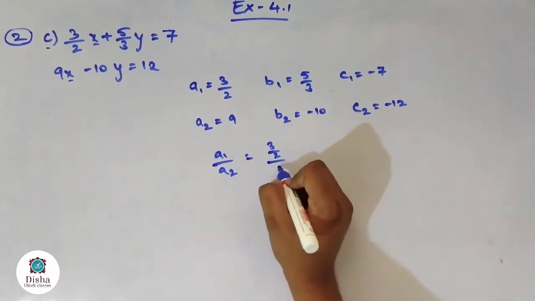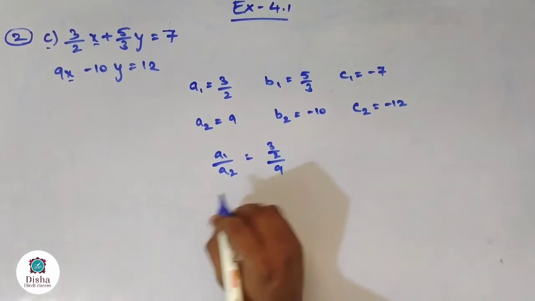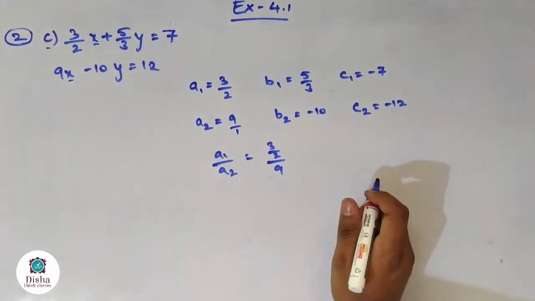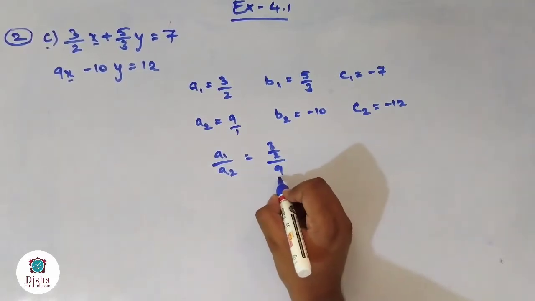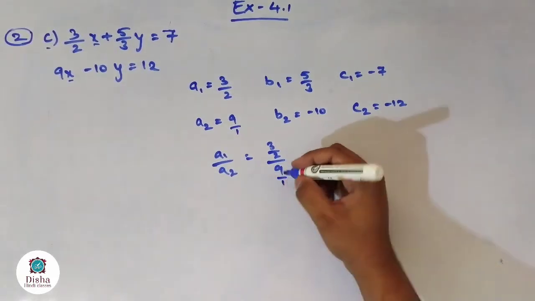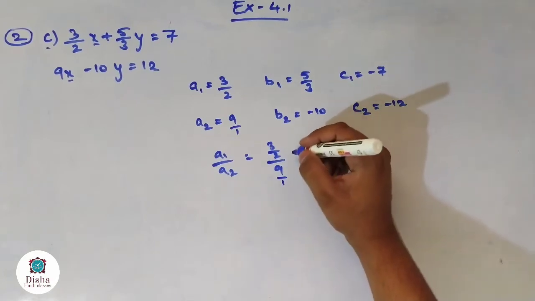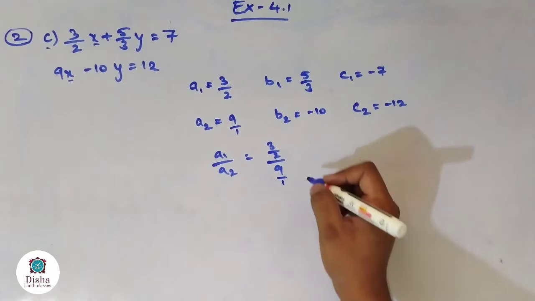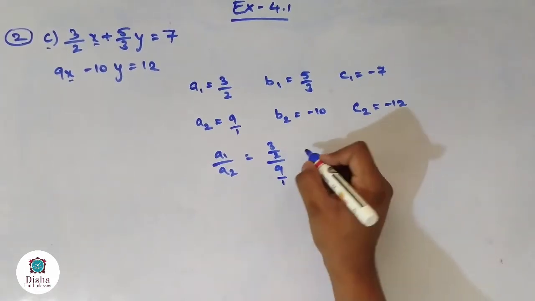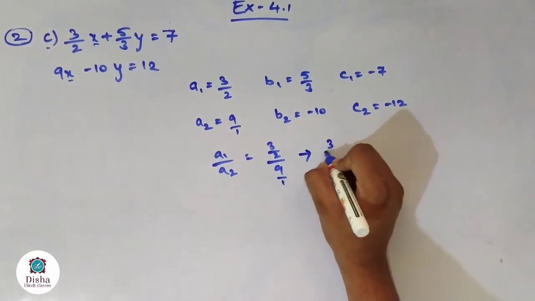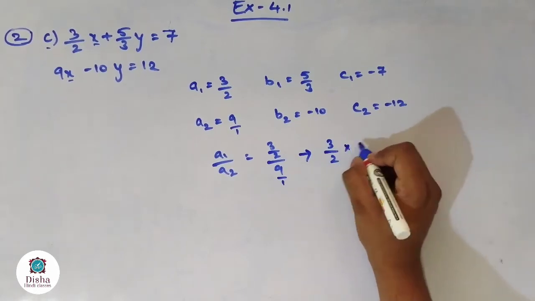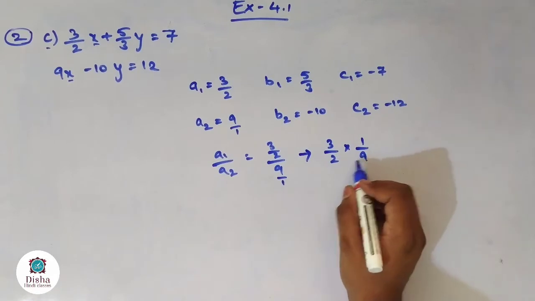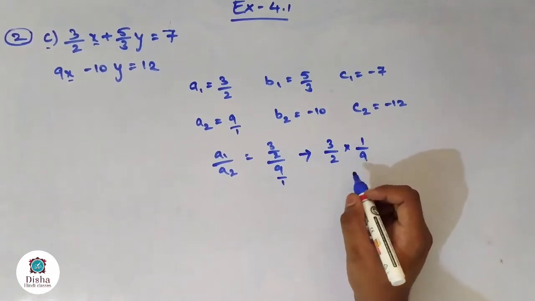A1 by A2, what will it be? 3 by 2 by 9, right? So now 9 we can write as 9 by 1, denominator as 1, right? Next we send this 9 by 1 to the other side, and it will get reciprocal. How? See, 3 by 2 into 1 by 9. If you send this upside, it will get reciprocal and become 1 by 9.